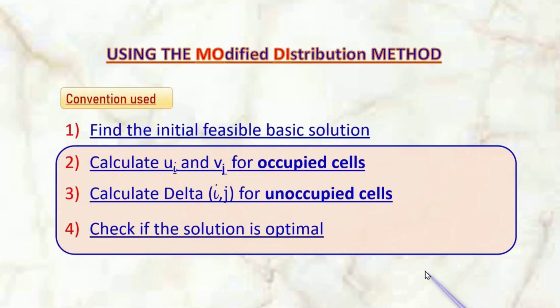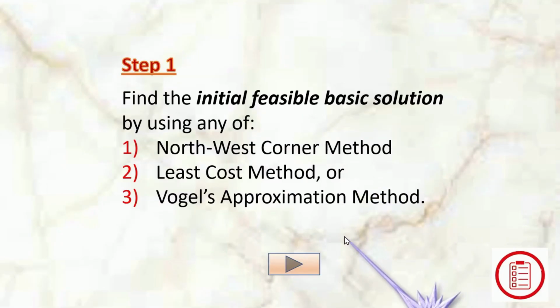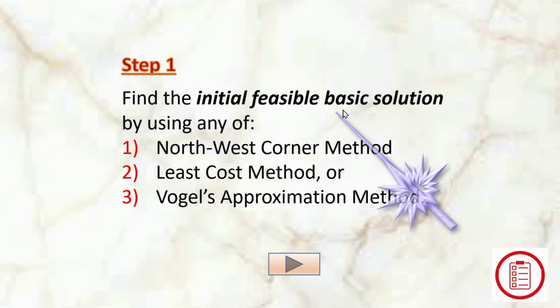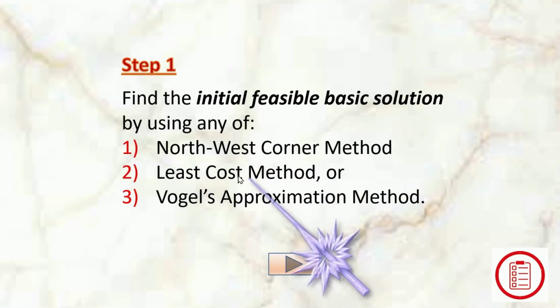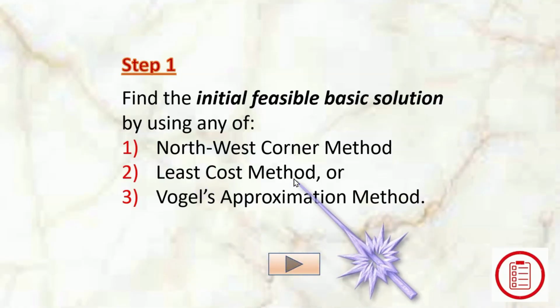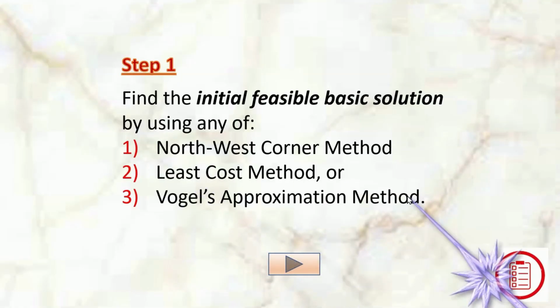Now, how do you go about solving a transportation problem and having an optimal solution? Number one, find the initial feasible basic solution. To do that, you will find it by using any of the northwest corner method, the least cost method, or the Vogel's approximation method.